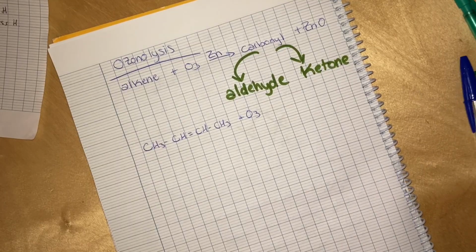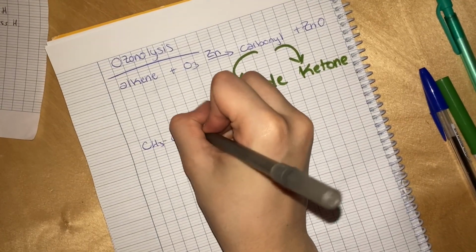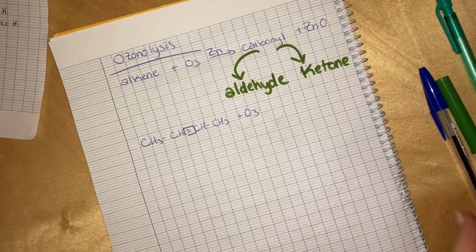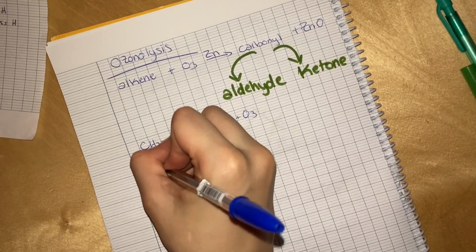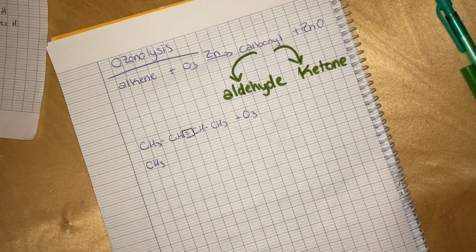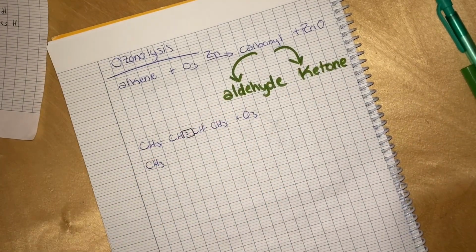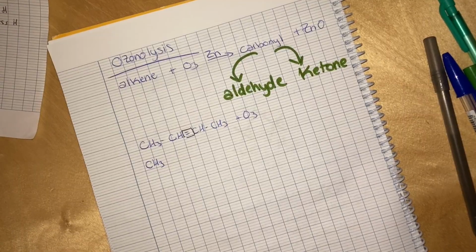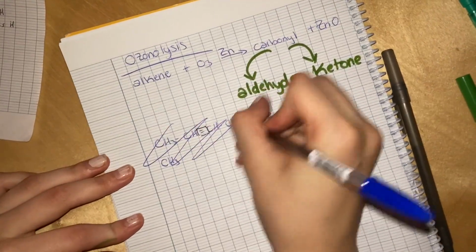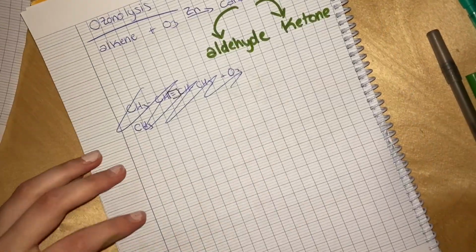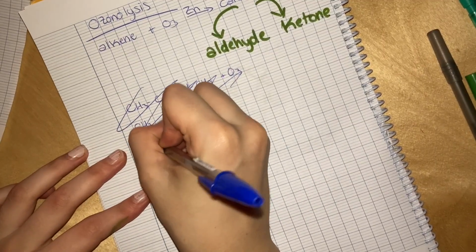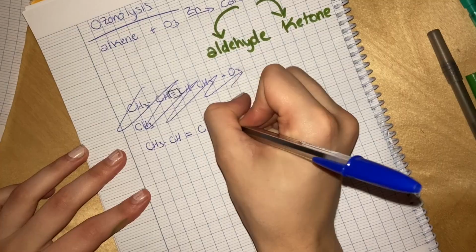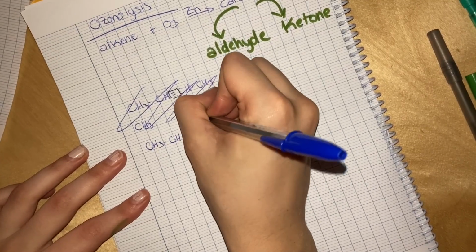Take this double bond right here. This time, instead of breaking it, split it into two. Actually, I want to change this just a little bit. Let me rewrite this because I want to have a specific point at the end of this. So CH3, CH double bond, C, CH3, CH3.